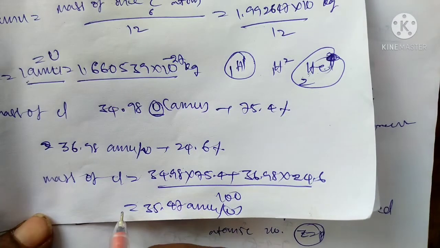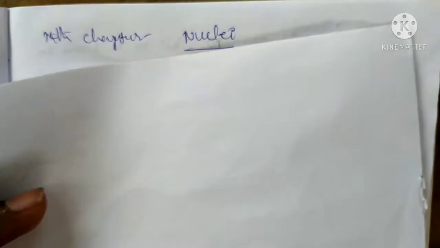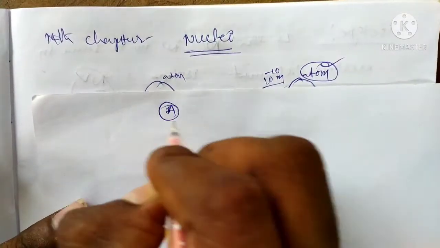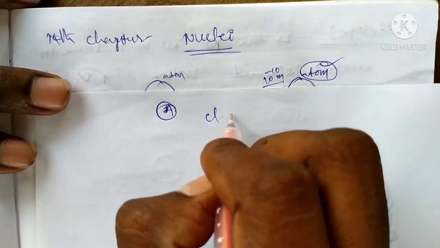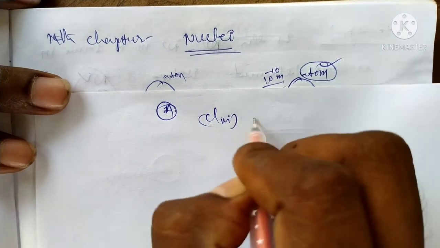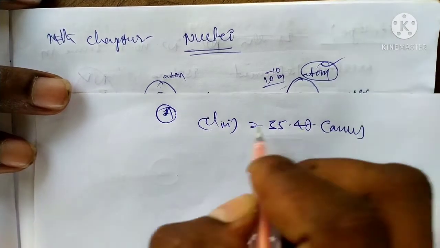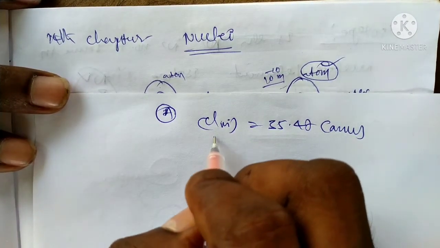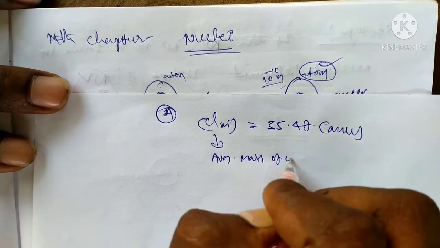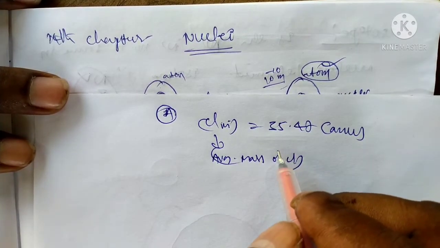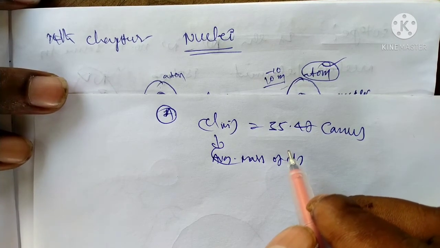This is the mass of chlorine, equal to the atomic mass number A. It is the average value, the average mass of chlorine. This is how the atomic mass of various elements is calculated.